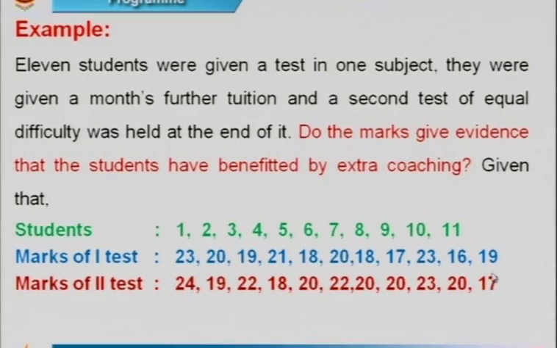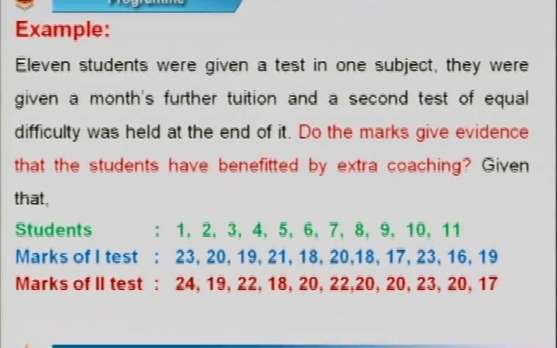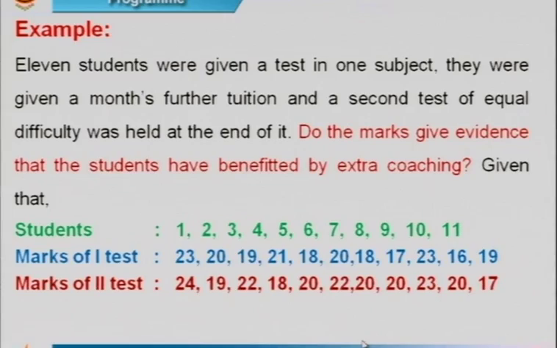This is the detail before giving the extra coaching for 1 month. Now, after taking a second test of the same difficulty, in place of 23, the same student scores 24, the second student scores 19, likewise the 11th student scores, in place of 19, 17.